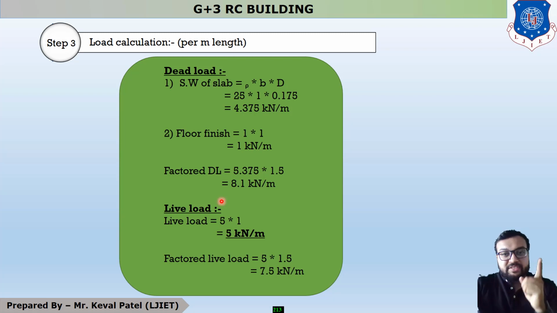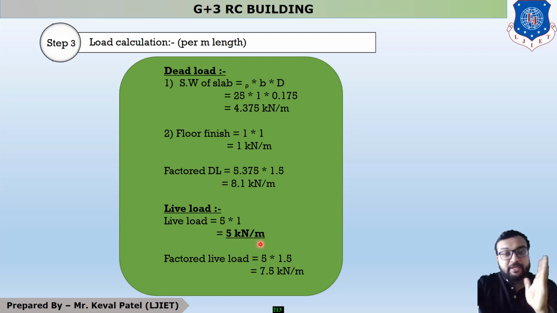Similar to the floor finish calculation, the unit of imposed load in the question is kilonewton per meter square, so you have to convert it to kilonewton per meter by multiplying by length. So our final answer is 5 kilonewton per meter.